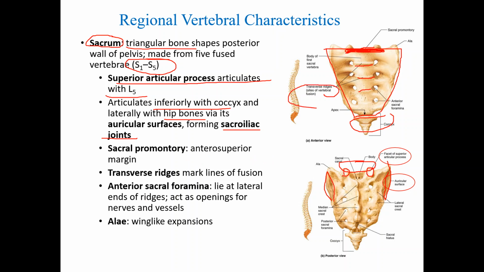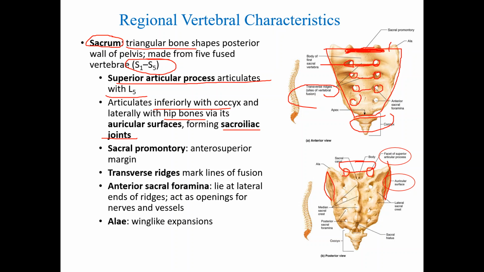Then we have the anterior sacral foramina, which lie at lateral edges of the ridges, okay. These are here, and of course you know what these foramina are going to be for. They are going to be for the passage of nerves and blood vessels as well, okay.